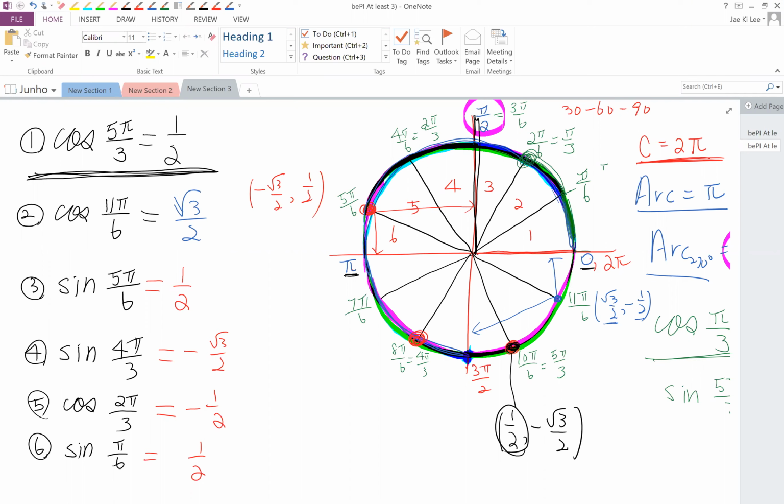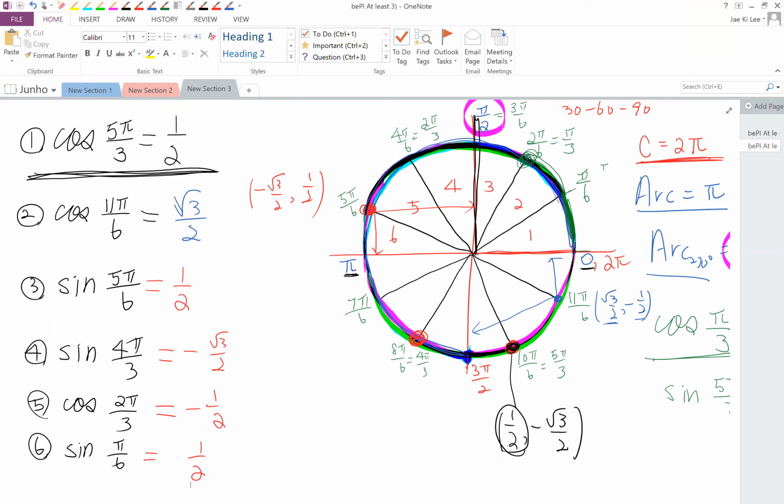For example, when the angle is close to the x-axis, the sine is √3/2 and the cosine is 1/2, right? I don't understand what you're asking again. Just give us an example.